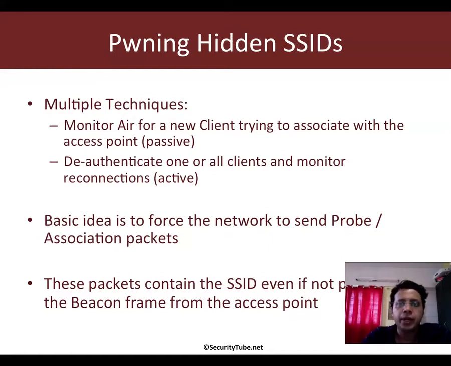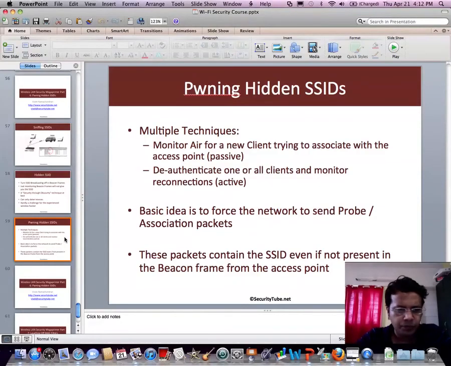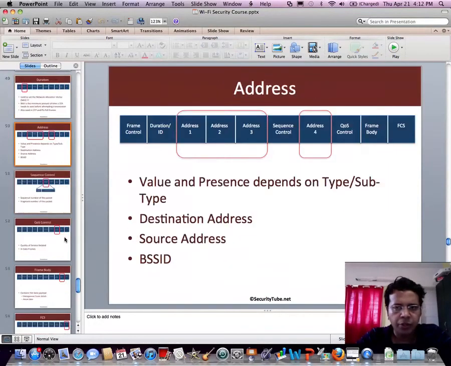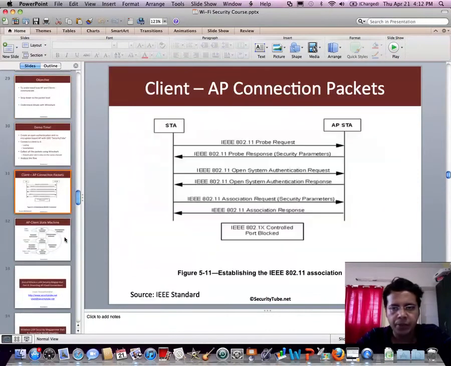Now this is where, interestingly, if you remember the state machine which we had learned right in the beginning, we can quickly go to that specific slide. Here we are.